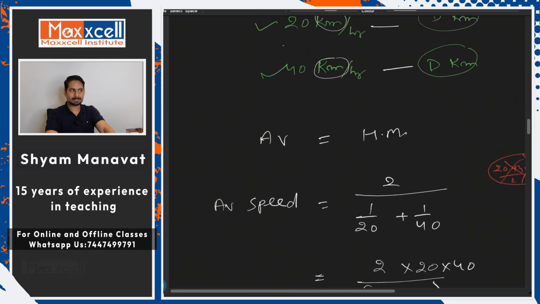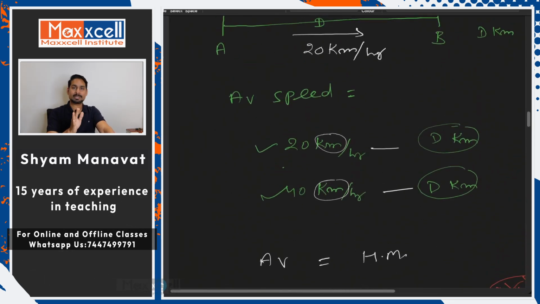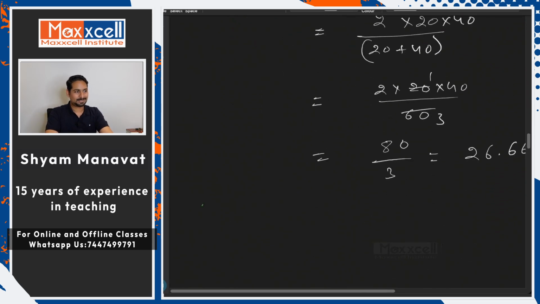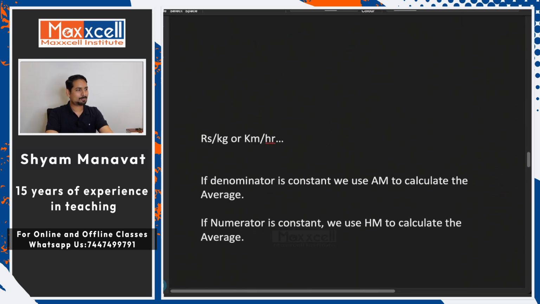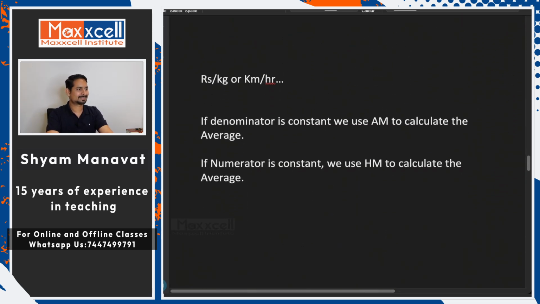But as of now, did you understand? In a question, you will be asked to calculate the average. You need to see the situation and decide which formula to apply. That is quantitative aptitude problem solving skills. To conclude, in case of derived units, if the denominator is constant, we use arithmetic mean to calculate the average.